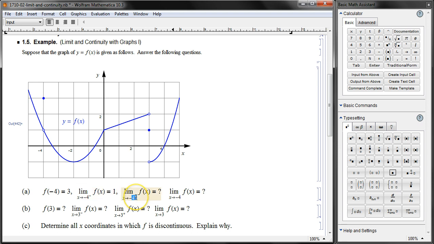Now -4 plus, so it's the plus side. The right-hand side, which y-coordinate value? Again the same, y equals 1. And what about the limit itself without plus or minus specified? If these two are the same, then the limit exists. We'll say 1. How about the continuity?